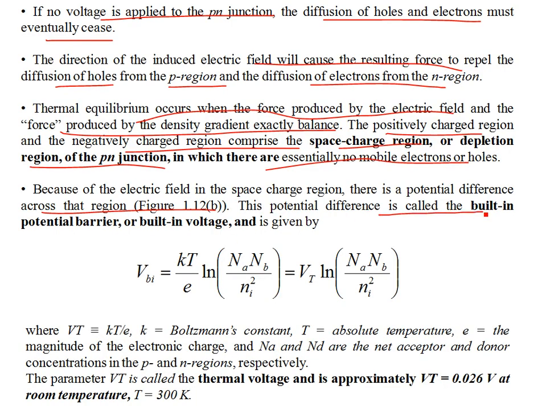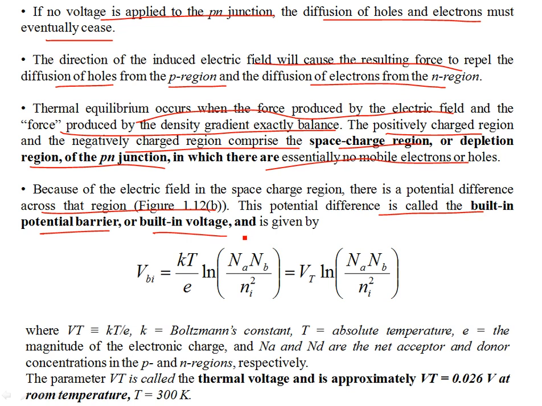And this potential difference due to this E field is called the built-in potential barrier or built-in voltage. That is an intrinsic property of a semiconductor which has been doped. The reason for the establishment of this electric field is the uncovering of positively charged ions in the N-type region and negatively charged ions in the P-type region, right?